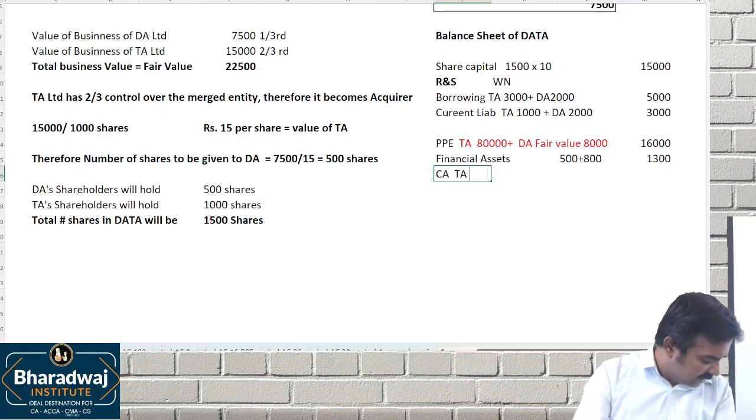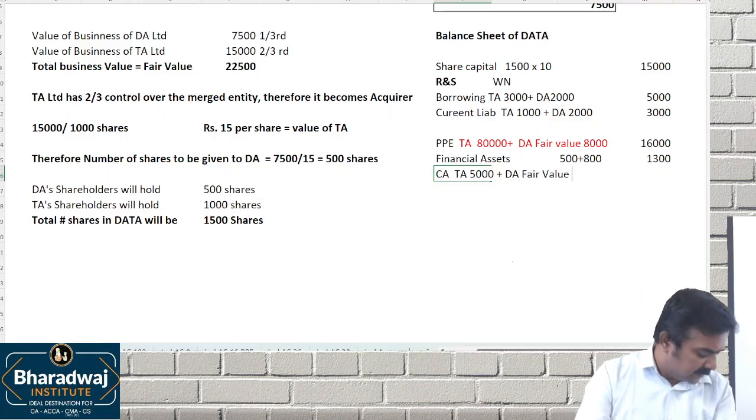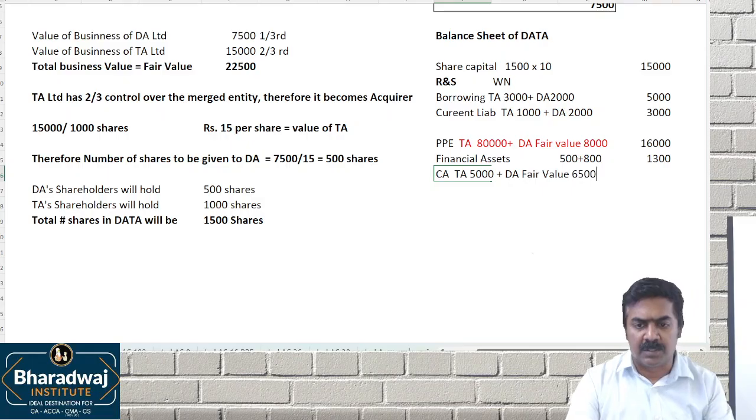Then current assets. TA, take book value 5,000, plus the DA fair value. What is the fair value of the selling company? 6,500. Correct? TA 6,000. Total.